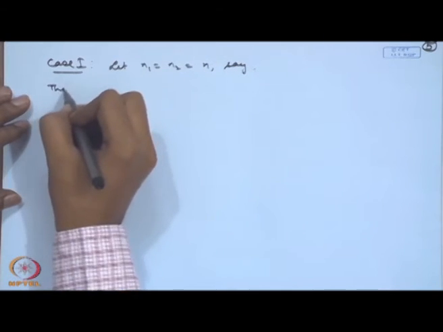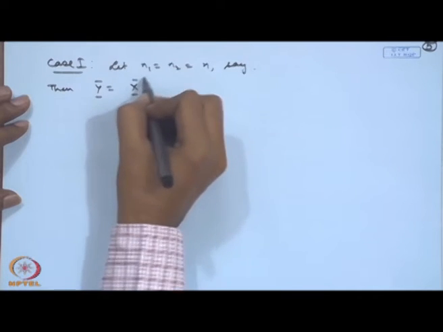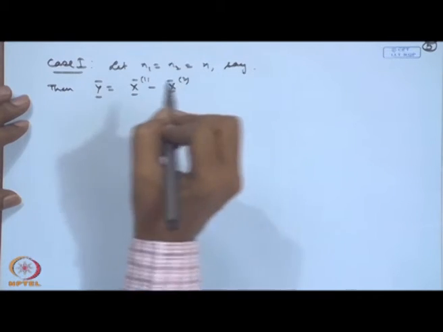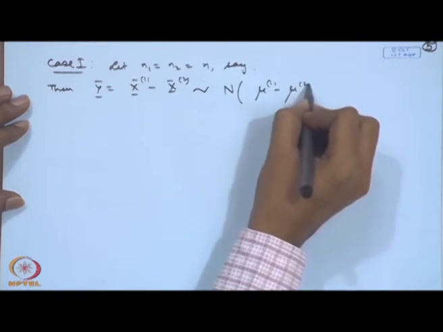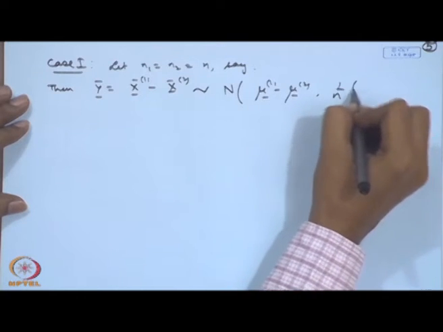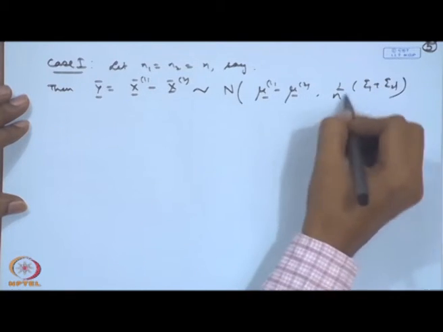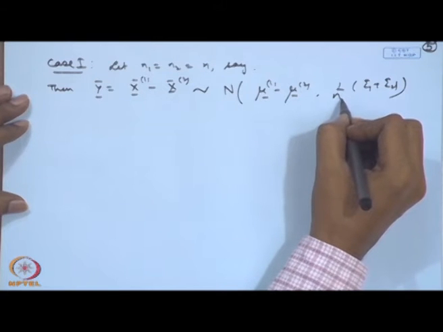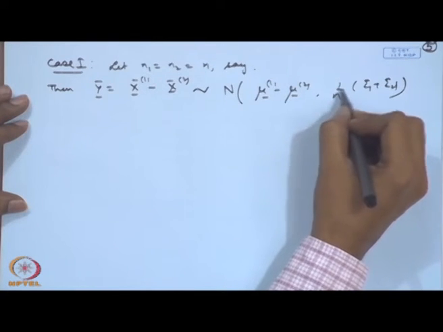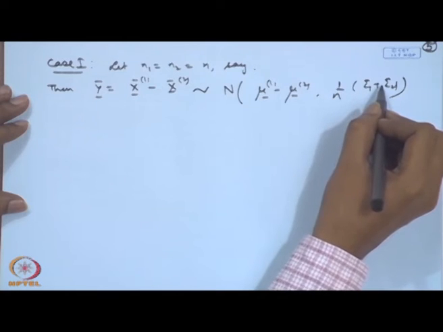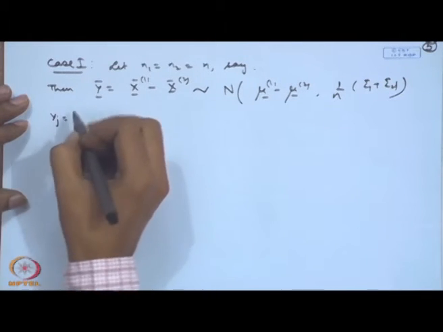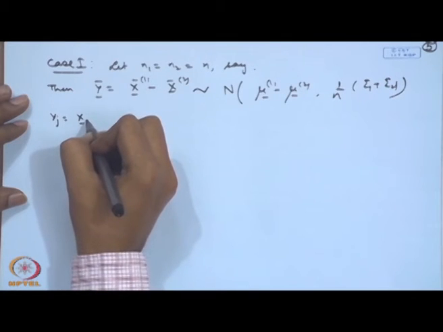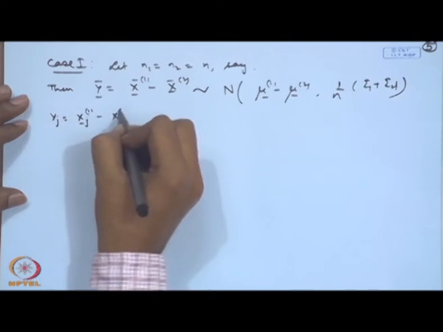Then, if I consider y bar equal to x bar 1 minus x bar 2, that will be normal with mean mu_1 minus mu_2 and covariance 1 by n times (Sigma_1 plus Sigma_2). You can see here that because of the coefficients 1 by n_1 and 1 by n_2 being the same, I can combine Sigma_1 plus Sigma_2, and therefore I can consider y_j equal to x_1j minus x_2j.